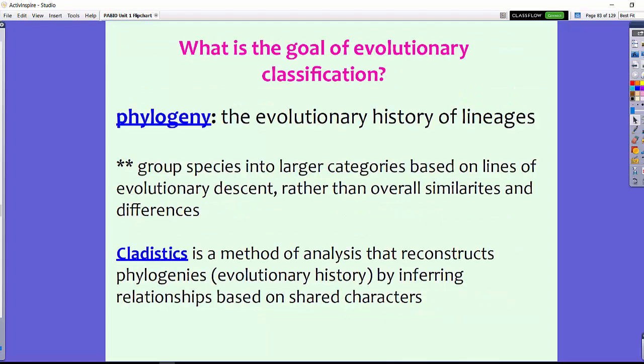So, what's the goal of evolutionary classification? We just mentioned taxonomy, and taxonomy is the study of shared characteristics. Now that we have DNA and we understand evolution a little bit more, we're able to change things up a little bit. So we have a study called phylogeny, and phylogeny is the evolutionary history of lineages.